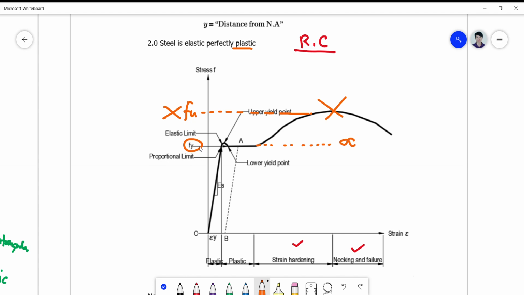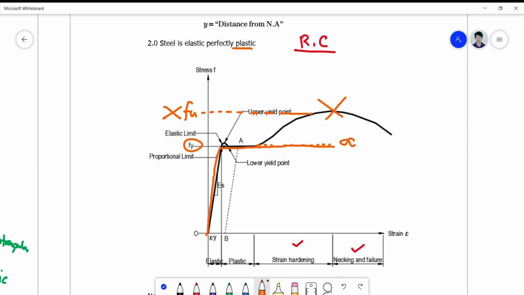That's why we do it this way. Not unlike in structural steel, where we have the rupture strength, which is computed on the basis of your ultimate tensile strength Fu. So for RC, we only have two lines: one is elastic, the other one is plastic.